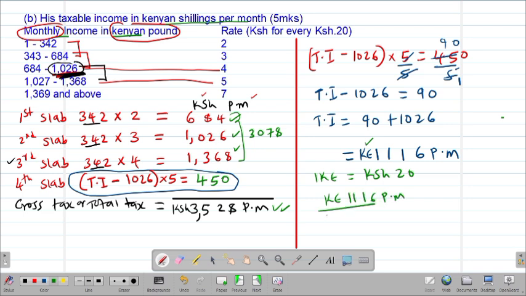Of course this will be over 1 Kenyan pound, then multiplied by 20 Kenya shillings. Therefore, the taxable income will be equal to Kenya shillings. You take 11.16 multiplied by 20, your calculator will give you 22,320 Kenya shillings per month. Therefore, that's our taxable income.